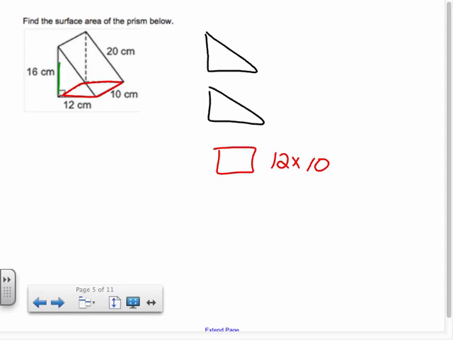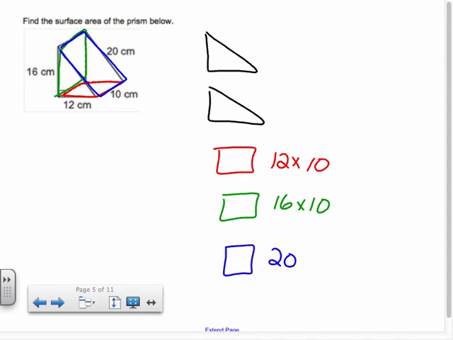We have one on the back side, which measures 16 by 10. And then we have this slanty one here in the front, which measures 20 by 10. The rectangles are easy to figure out. We get 120, we have 160, and we have 200.